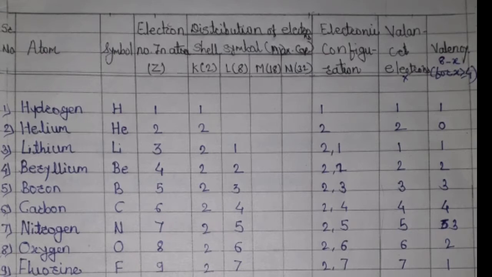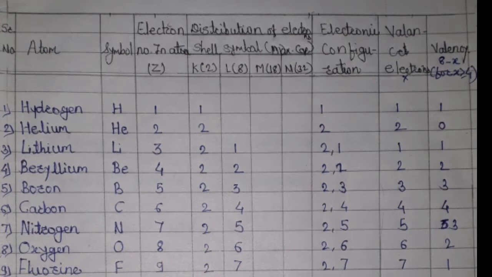Hydrogen's valence electron is 1, so it requires one more electron to complete its duplet, so the valency is 1. Helium: valence electrons are 2. As its duplet is completed, its valency is 0.